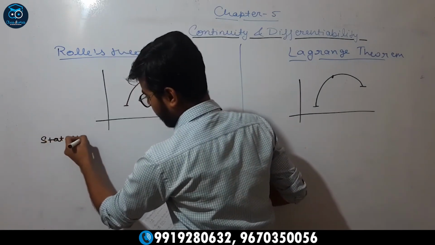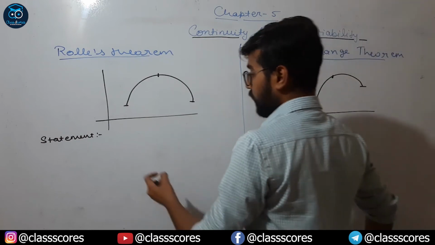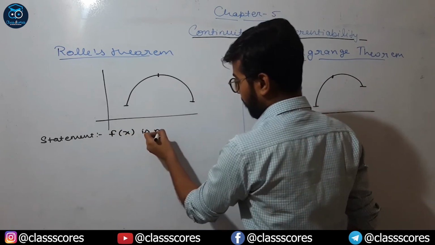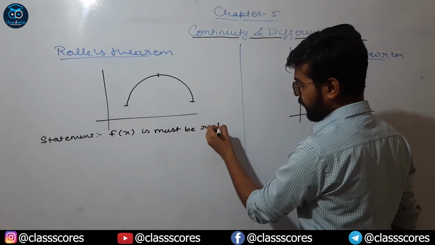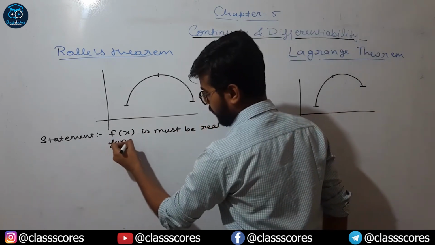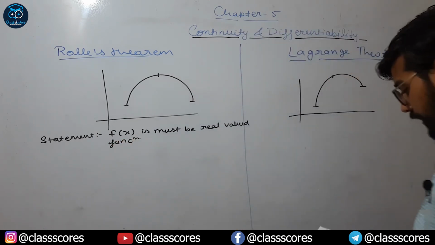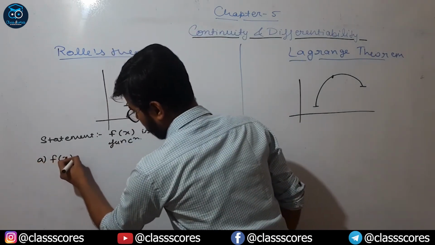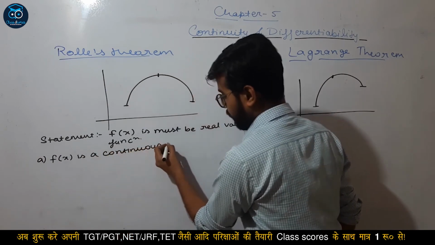The statement for Rolle's theorem is: f of x must be a real valued function. f of x should always be a real valued function. Then its first statement is f of x is a continuous function.